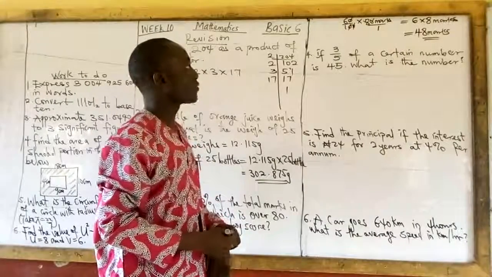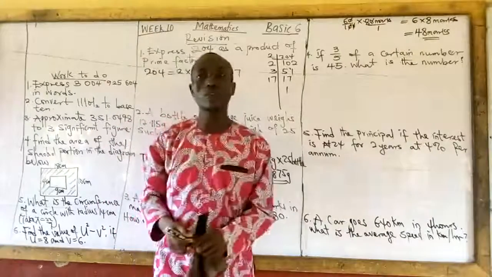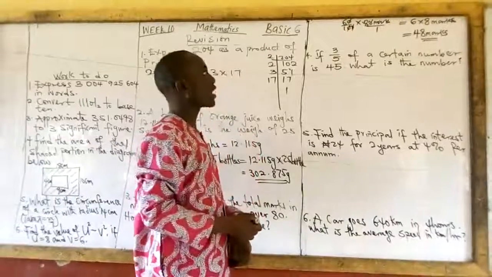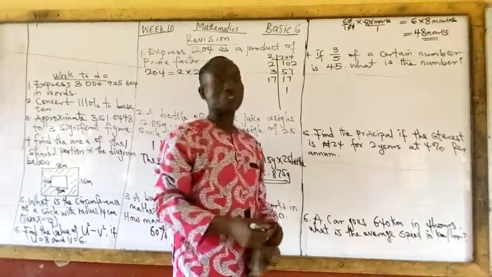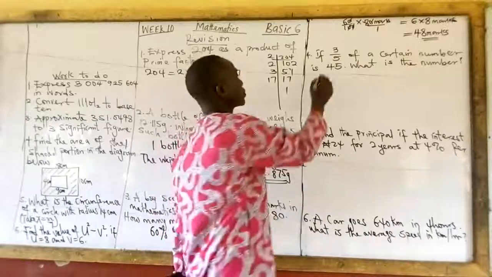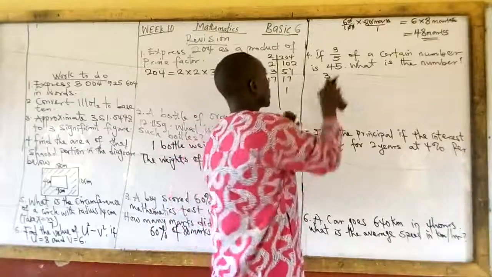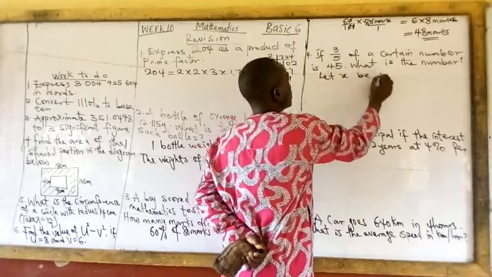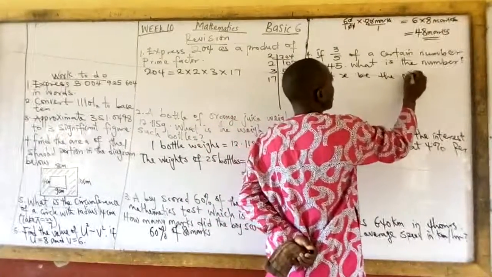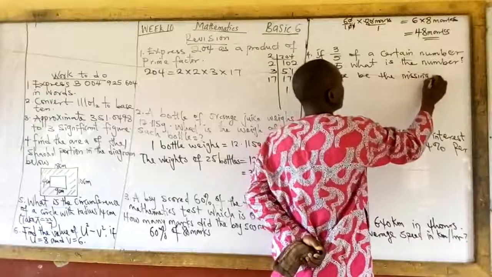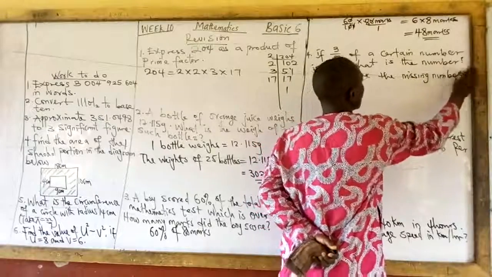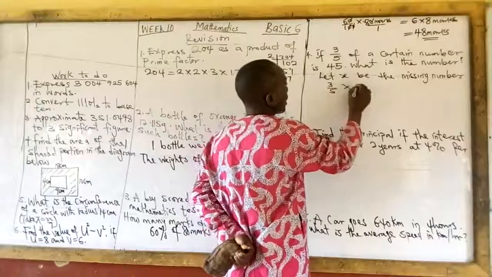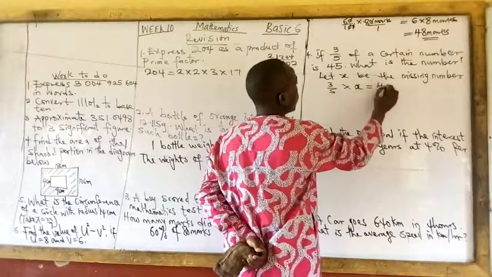If 3 over 5 of a certain number is 45, what is the number? Let x be the missing number. That is 3 over 5 times x equals 45.